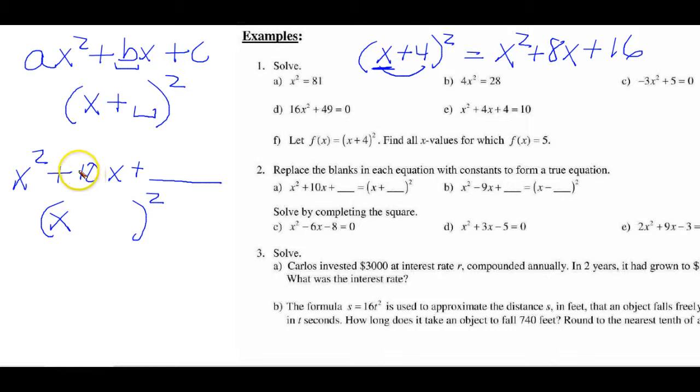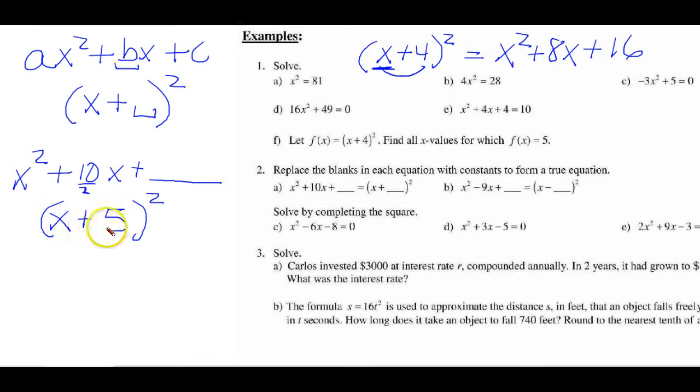So if we doubled something to get the b term, how do we undo the doubling? Well, we undo it by dividing by 2 mentally. So when we divide this by 2, what do we get? A 5.